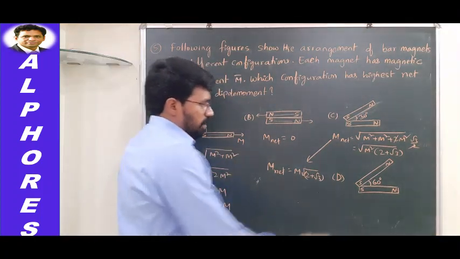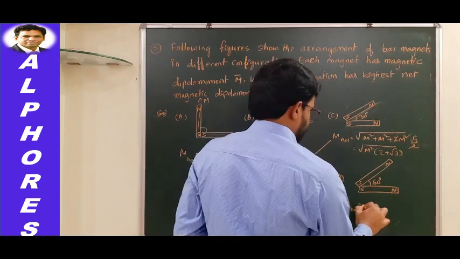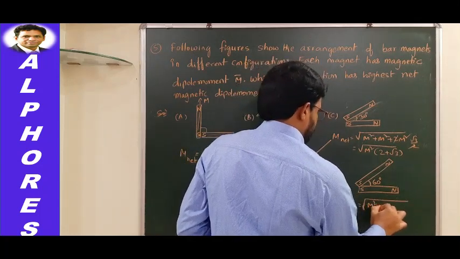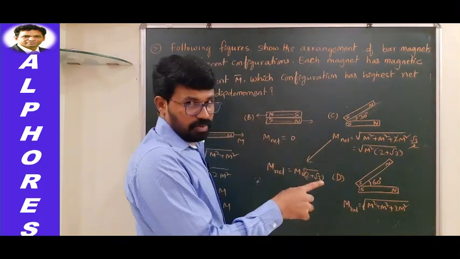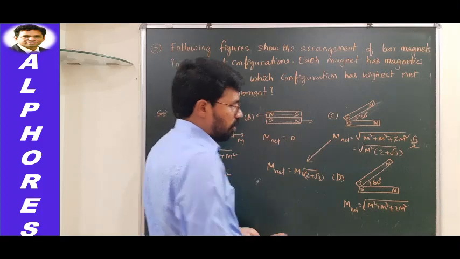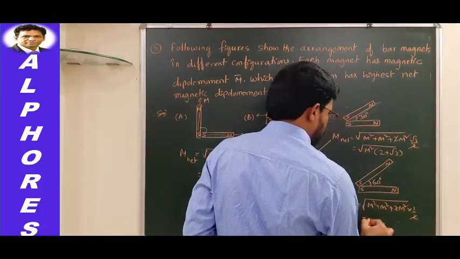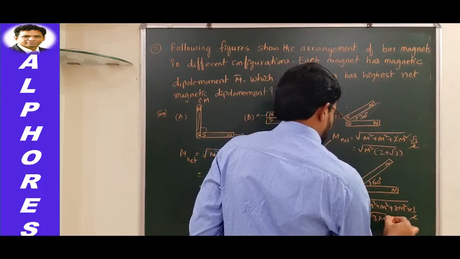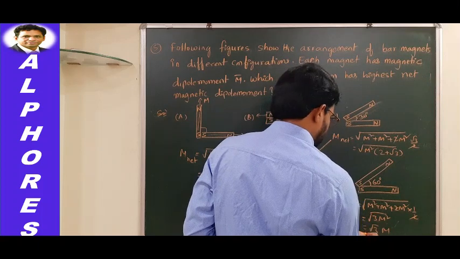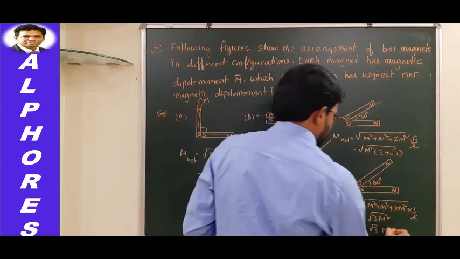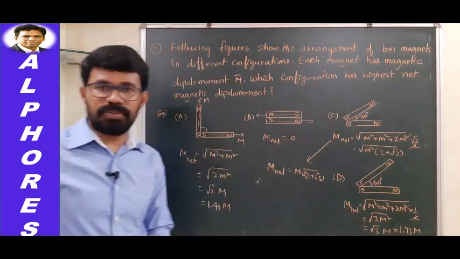Coming to this one, m net is equal to under root m square plus m square plus 2 m1 m2 cos 60. m1 m2 both are same, so 2m square cos 60. Cos 60 is 1 by 2. 2 gets cancelled. You will have under root 3m square, or under root 3 m, which can be written as 1.73 m. Root 3 is 1.732.